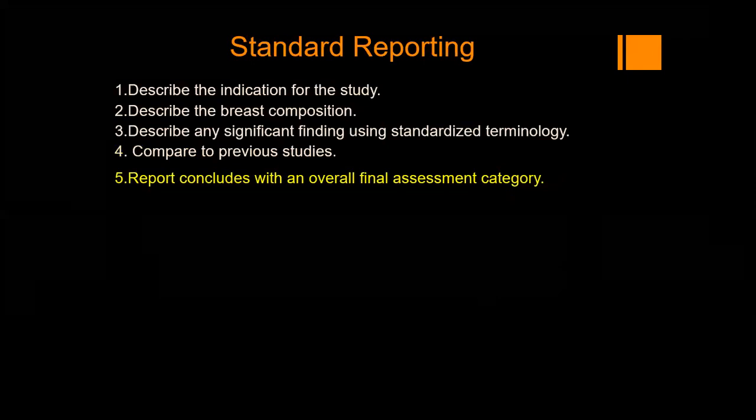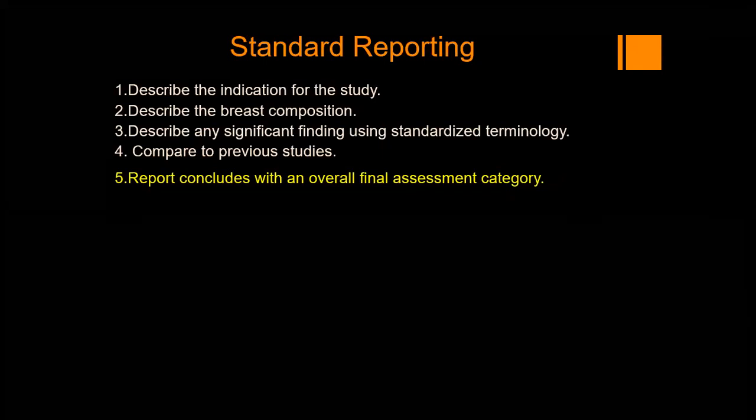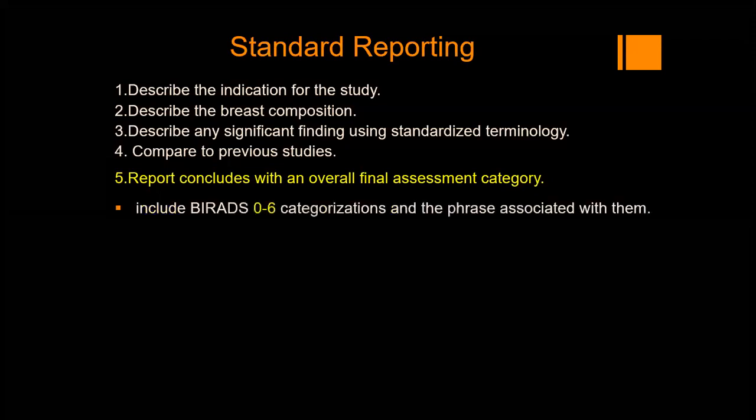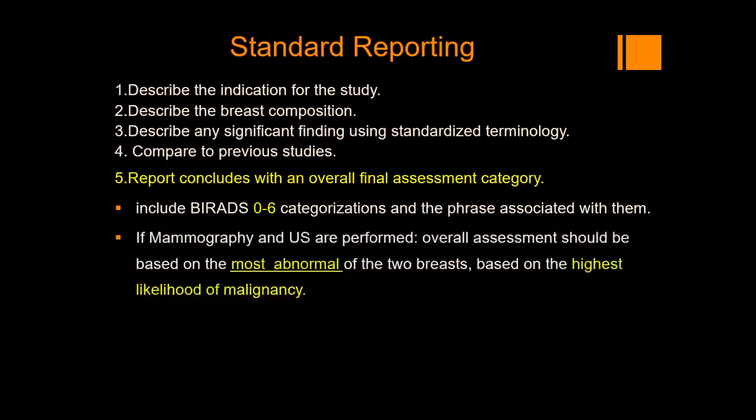After you describe all of what we have mentioned above, after you find your abnormality, describe it precisely using the standard terminology in the lexicons, and compare it with the previous, you have to assess it, to code it into a certain mammographic category according to the BI-RADS lexicon, which includes categories from 0 to 6 and the phrases associated with them.